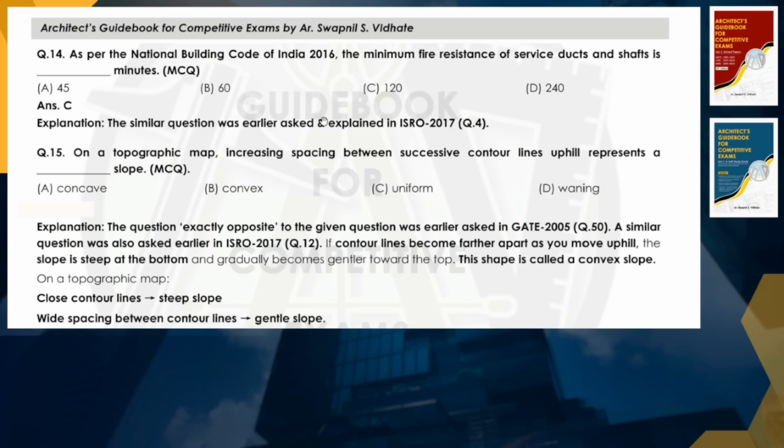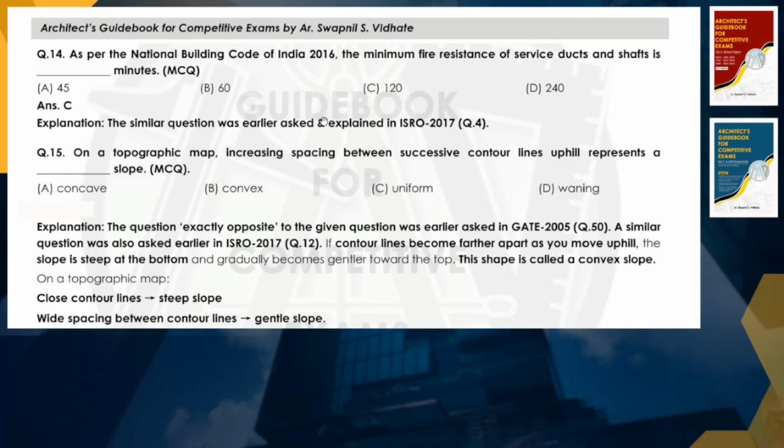So what was the explanation provided there? If the contour lines become further apart as you move uphill, the slope is steep at the bottom, right? And it gradually becomes gentle towards the top. So this shape is called a convex slope. On a topographic map, if the contour lines are coming close to each other, then there is a steep slope.